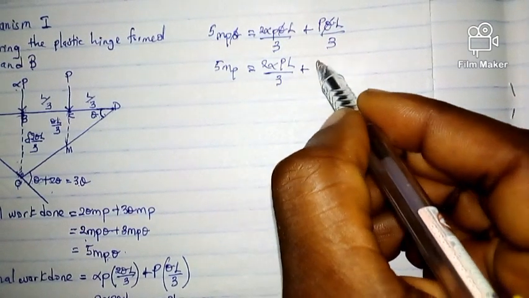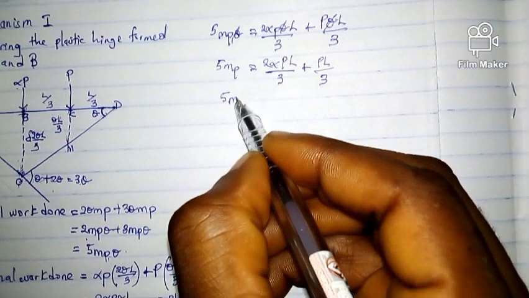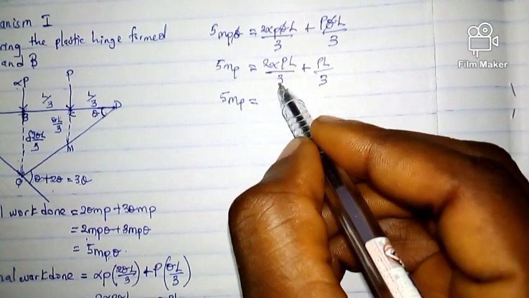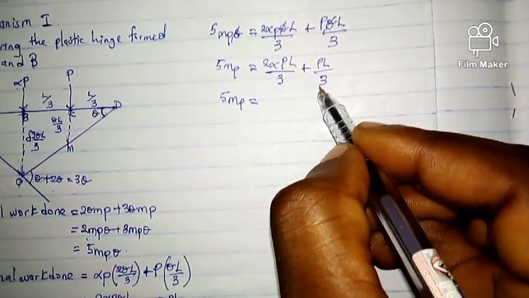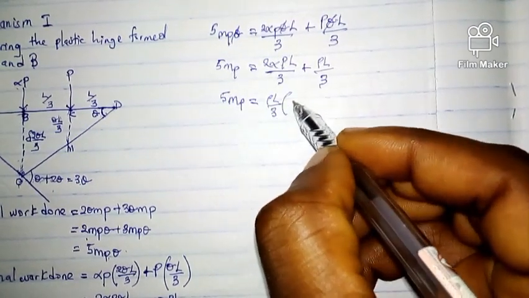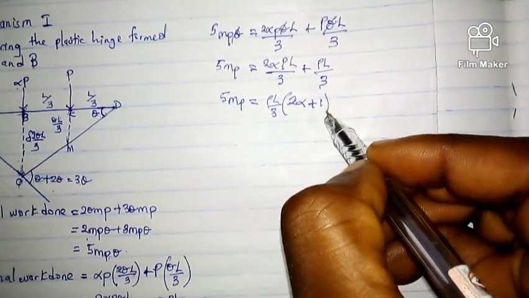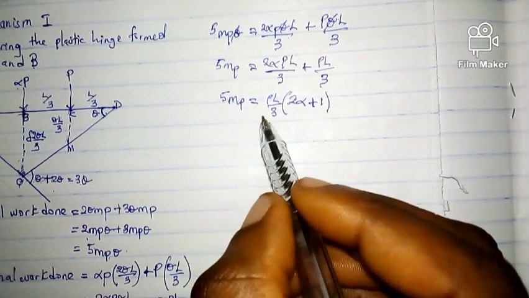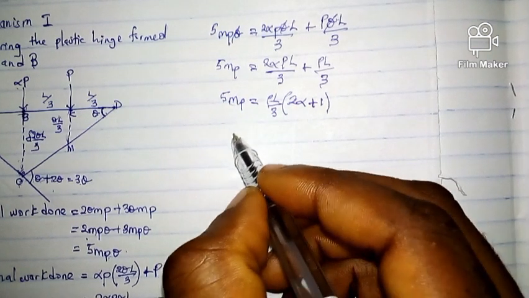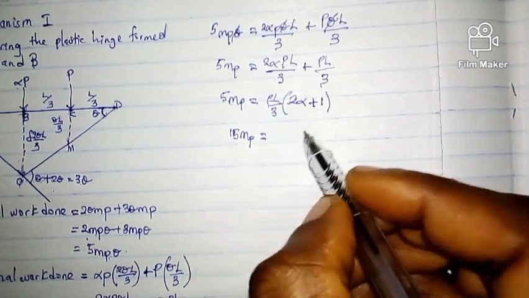Factorize out PL over 3, and I'll have PL over 3 all into 2 alpha plus 1. So from here, I'll make P the subject of the equation. If I cross multiply, I'll have 15 MP is equal to PL into 2 alpha plus 1.